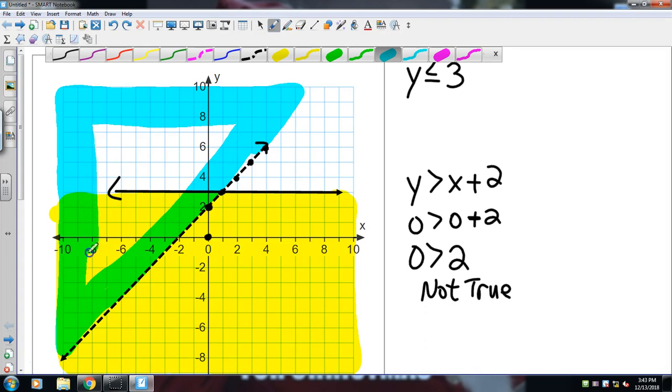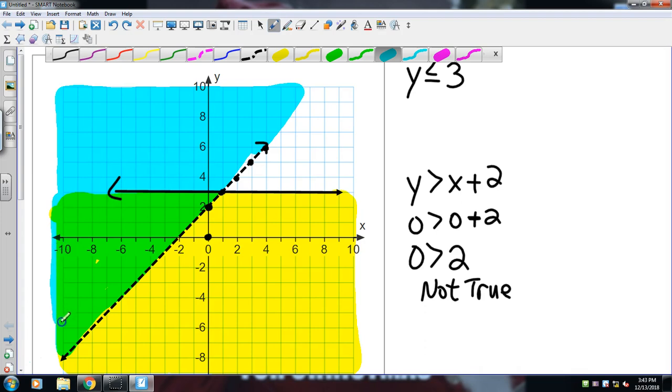So give me just a second to get this in. And I like the way this shows the difference in colors, because what happens is where it has changed colors, that is our solution. That is our overlapping region. That's where the two graphs cross each other.